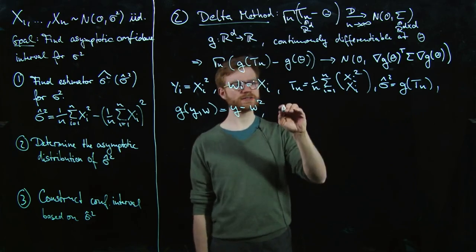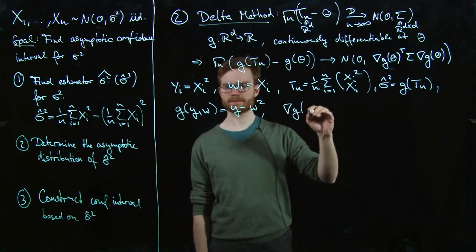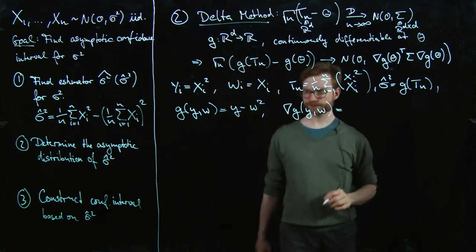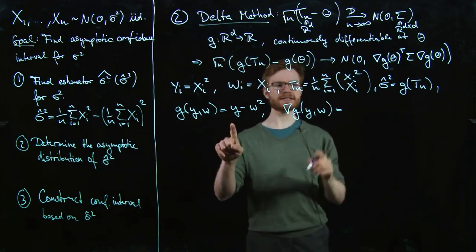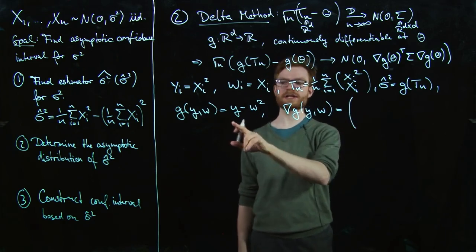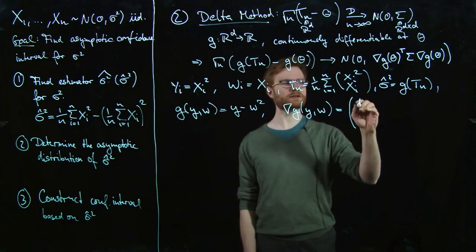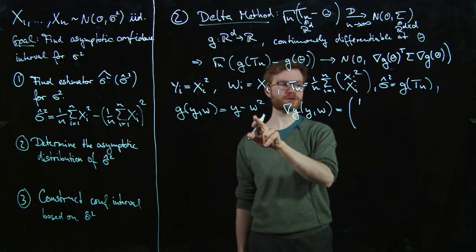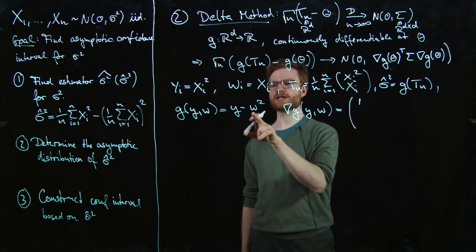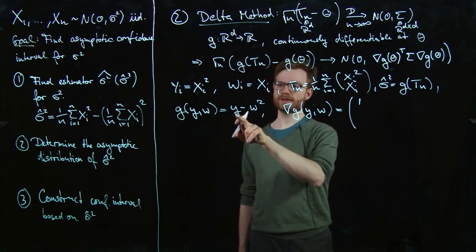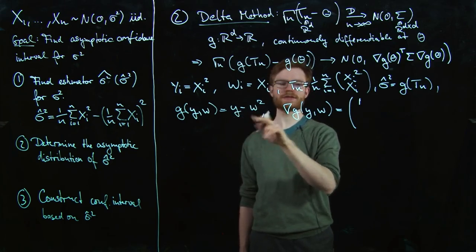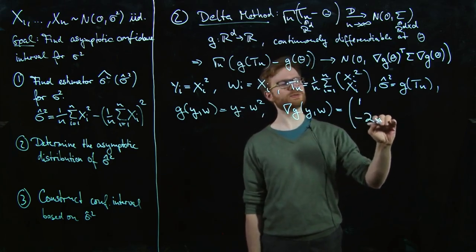So let's calculate its gradient. The gradient is just the partial derivatives. First, we differentiate with respect to y. It gives us a 1 from this term and 0 from that term, so just 1. And then the second entry is the partial derivative with respect to w. This term will just have 0 partial derivative with respect to w, and this term here is minus 2w.